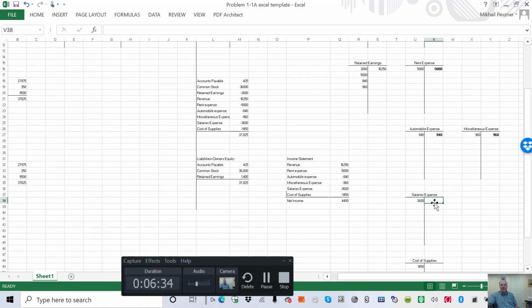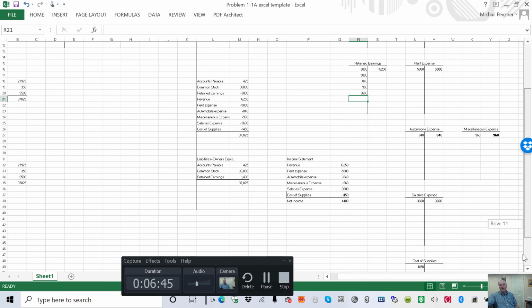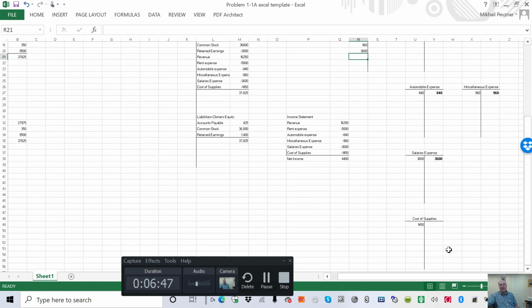Salaries, 3,600. I'm going to credit them. I'm going to debit them to retained earnings. And finally, cost of supplies. Credit 1,450. Debit retained earnings.